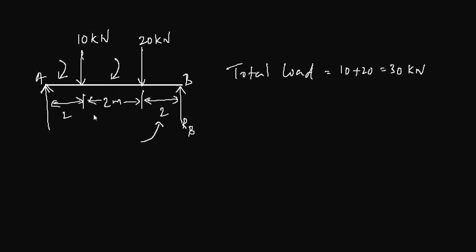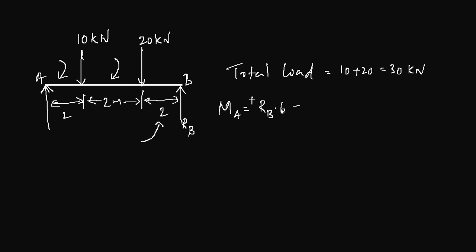So what you have is RB acting at 6 meter from A. So moment about A, moment about any point should be 0 for equilibrium. So the equilibrium condition is moment about A should be 0, and the equation for moment about A is RB times 6, this is a positive moment because it's creating a counterclockwise moment.